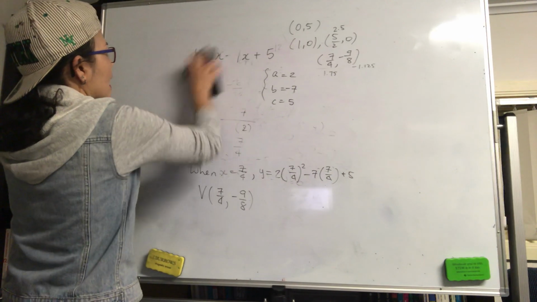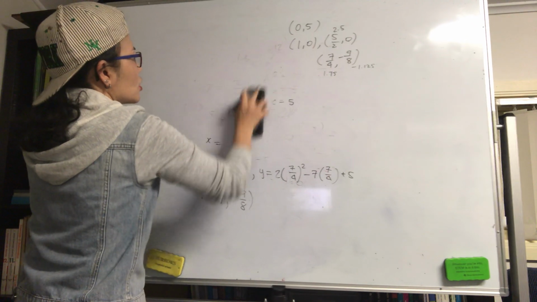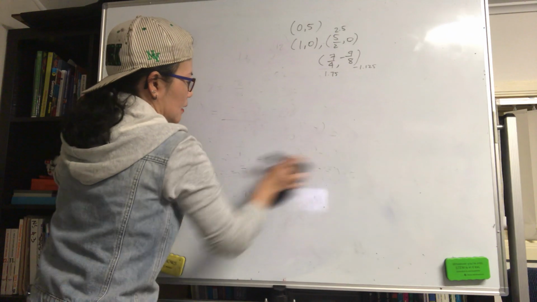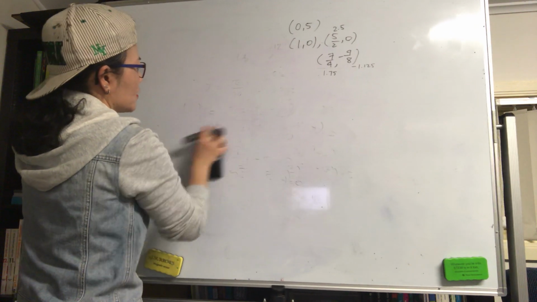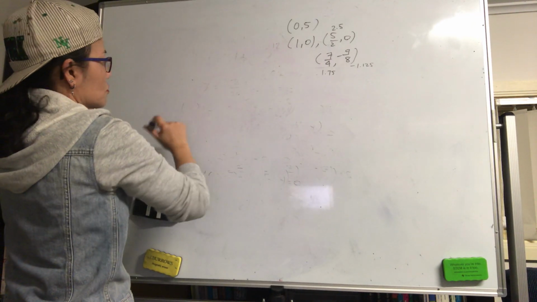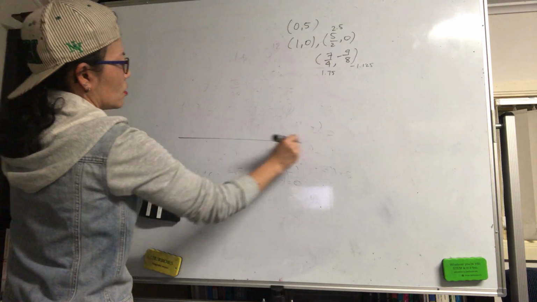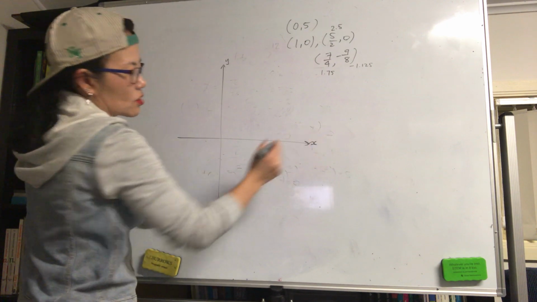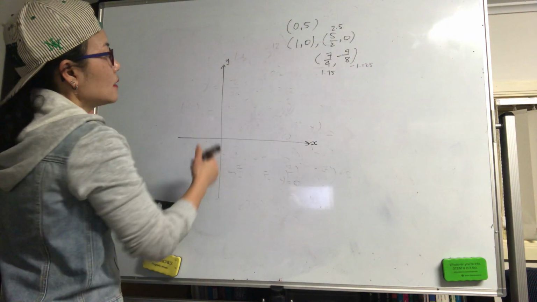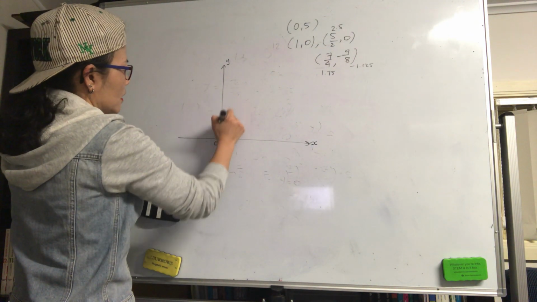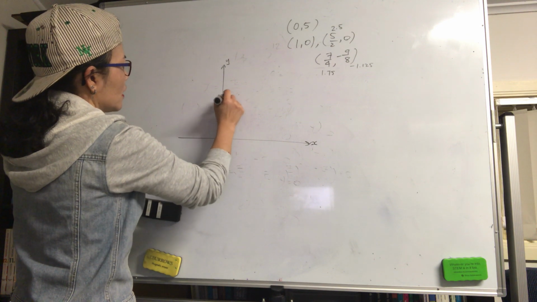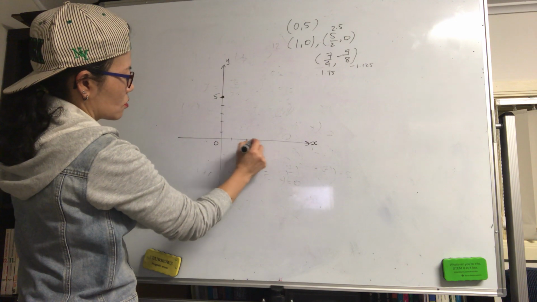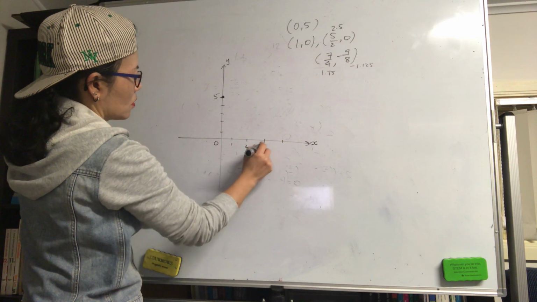Okay, so now we are going to sketch the parabola with all the key points that we've collected through the questions. I'm doing it pretty roughly. You need to use pencil, grid paper, all that sort of thing. So that would be 1, 2, 3, 4, 5. That's my values. 1, 2, 3, 4.